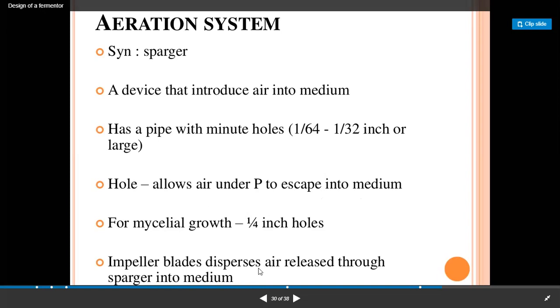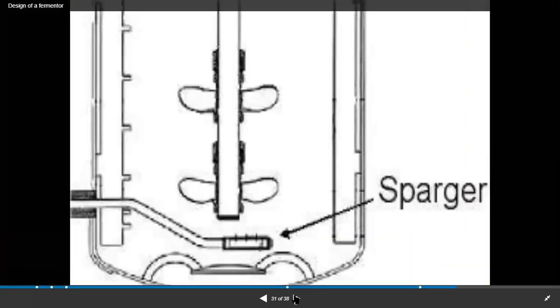Impeller blades disperse air released through the sparger into the medium. For mycelial growth, holes should be larger because there is a formation of a network in the mycelium. That's why we need to give some space for the proper networking. See, this is what we have discussed now.